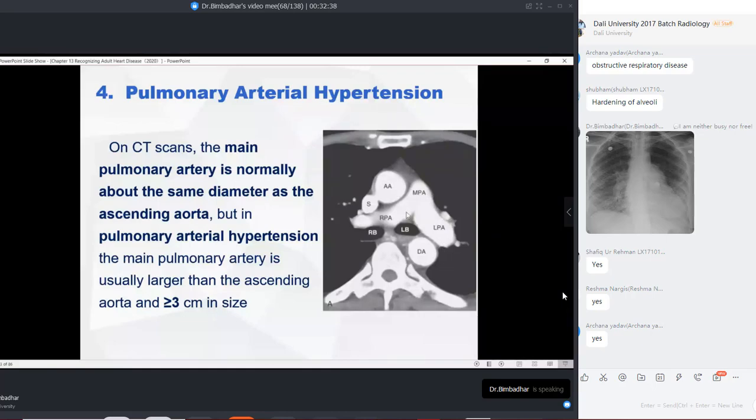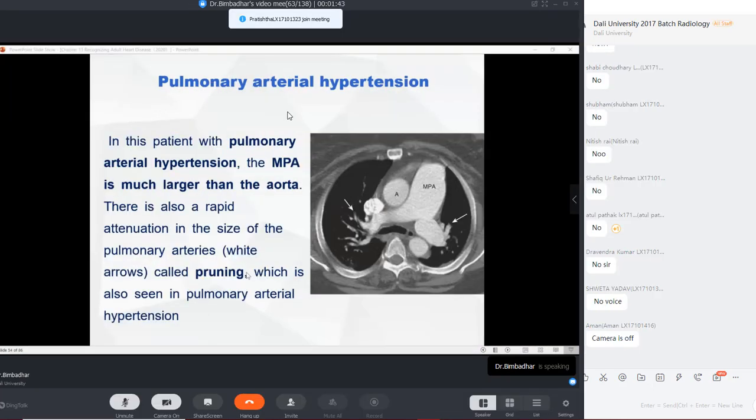Right pulmonary artery can also increase, left pulmonary artery can also increase, and both of them can increase, and the aorta as a whole can increase. So it is completely individual. It should be measured and observed carefully. Generally it is the left pulmonary artery which will be increased, with pruning. So that is the characteristic feature of pulmonary arterial hypertension.